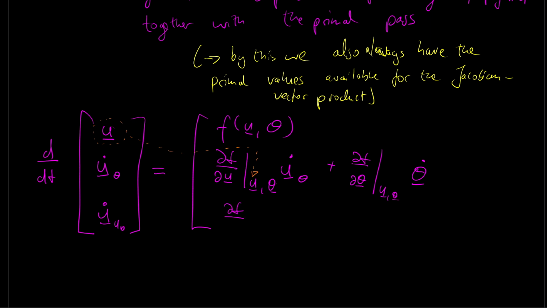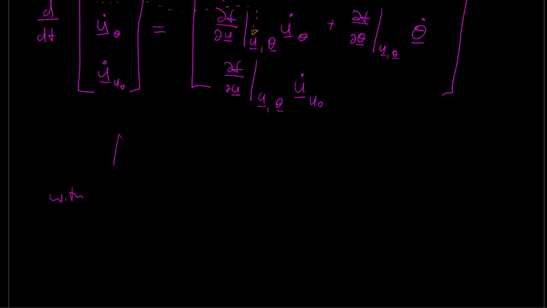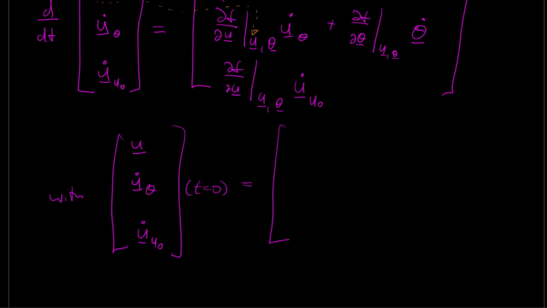This will be df by du evaluated at u and theta. Again, same story. This is the u from before, multiplied with the u contribution from the u0 tangent. And how do the initial conditions look like? With these same vectors, the u contribution from theta and the u contribution from u0 evaluated at t equals 0 will essentially be u0, a 0 vector, and the u0 tangent.